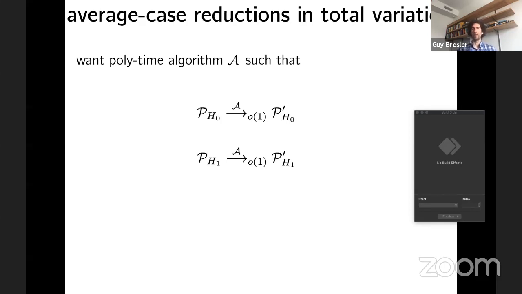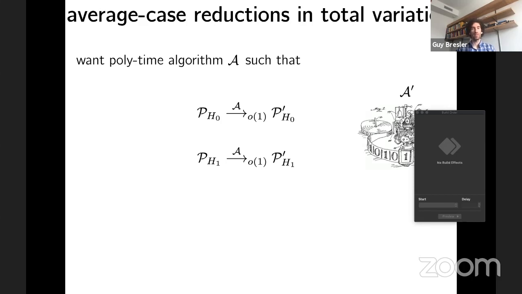Why is this the right notion of reduction? There's also a little o of 1 here, which just means that the total variation distance is vanishing asymptotically as the problem scales. Well, if somebody came to you and said, hey, I can solve the P prime hypothesis testing problem, this would be algorithm A prime here.